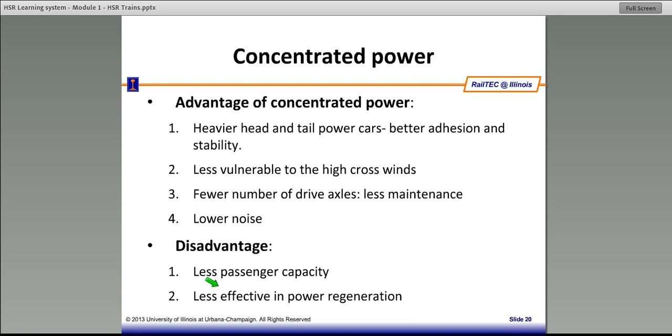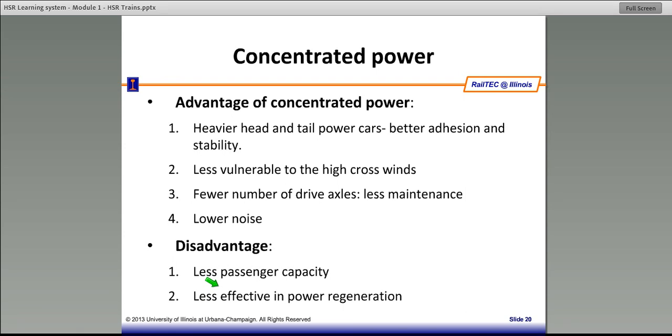So for the concentrated power type of train, the advantages being emphasized are as follows. Because the concentrated power train has the heavier head and tail train, it makes the train more stable when it runs. So that is one thing which is claimed by this type of train.